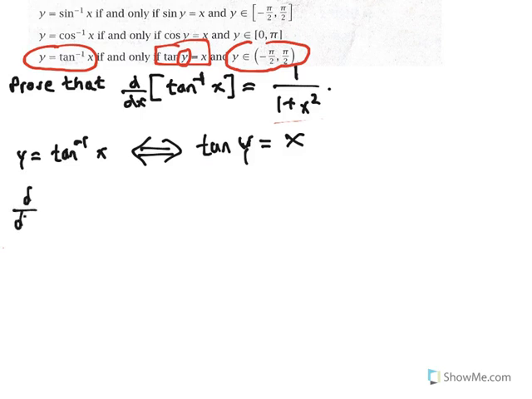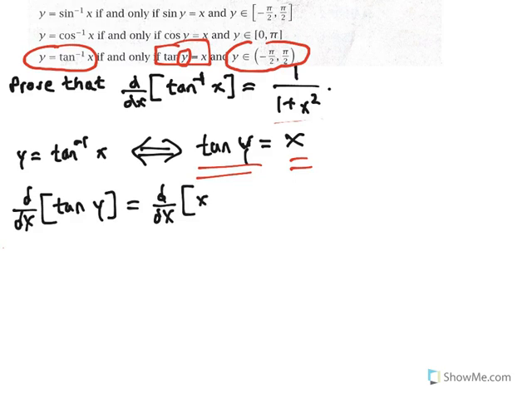So we have the derivative with respect to x of tangent of y is equal to the derivative with respect to x of the right side of the equation, x. So on the right side, the derivative with respect to x of x is just 1.